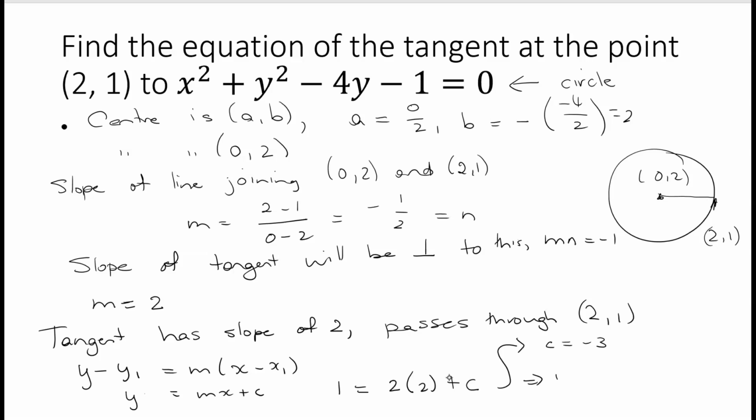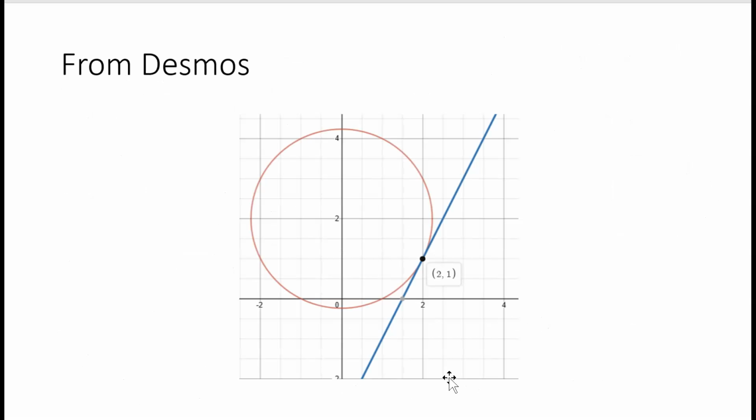Therefore, our equation of the tangent will be y equals mx plus c, where m is 2, 2x minus 3. Okay, which kind of is a bit better on my diagram. Here's the pretty version of that. So the circle has a centre at 0, 2.